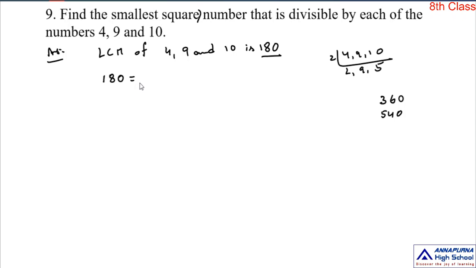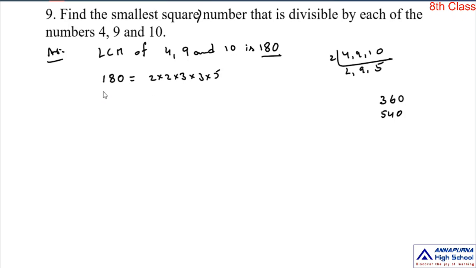So the prime factorization of 180 is 2 into 2 into 3 into 3 into 5. By observing this division, we can easily write it. This 180 is the product of these numbers. Out of these, 2 is a prime number, 5 is a prime number, and we can express this 9 as 3 into 3. It's very easy, isn't it? Okay, and in this prime factorization, which factor has no pair?